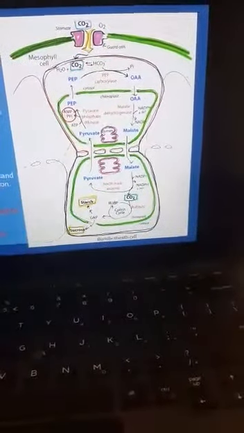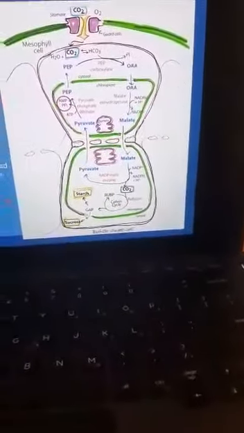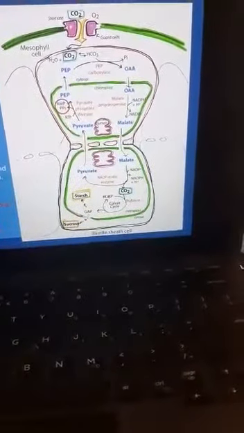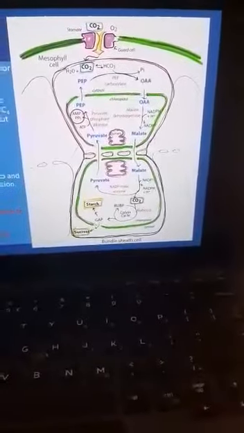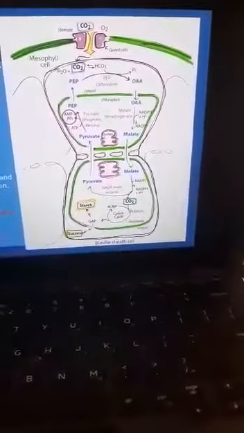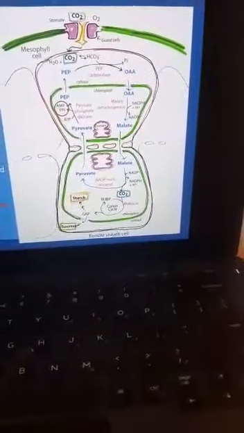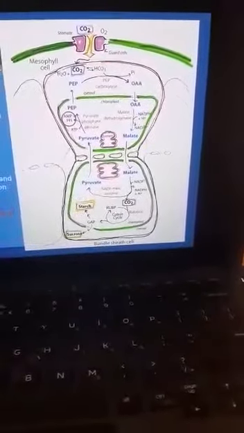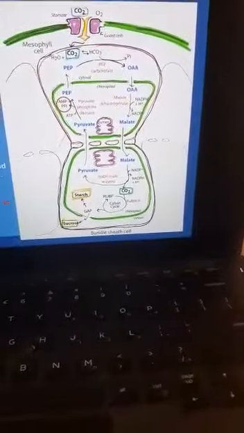So unlike carbon dioxide, which does not have a charge, the PEP carboxylase enzyme will never make a mistake within the mesophyll cells and allow oxygen to attach to PEP. Only the bicarbonate that has a charge will attach to PEP, forming this organic acid. So these organic acids will be formed, and within them, remember, there is carbon dioxide hidden.